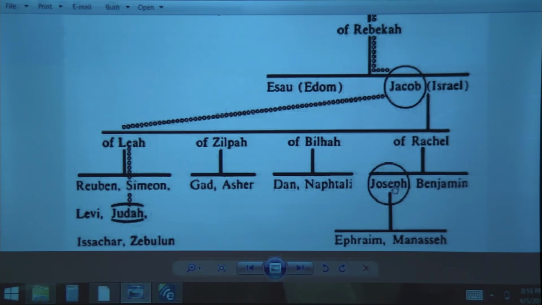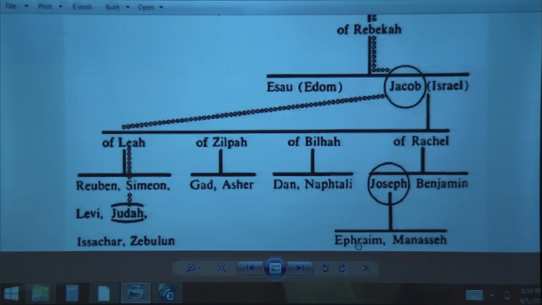Joseph was the one who got the blessing of being like the head of the house, or got the firstborn blessing. He was the firstborn of Rachel, the one that Jacob was in love with. So he got the blessing. He had 2 sons, Ephraim and Manasseh.